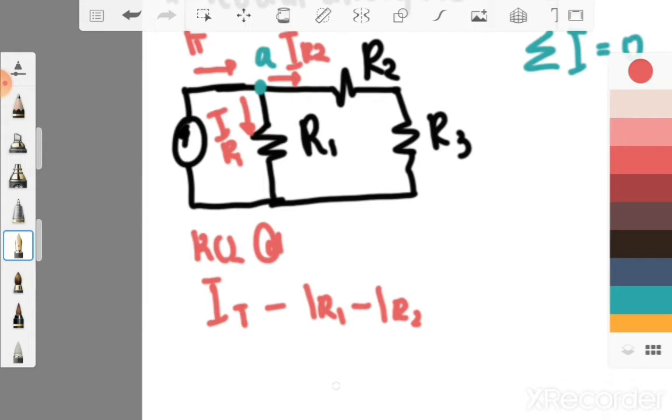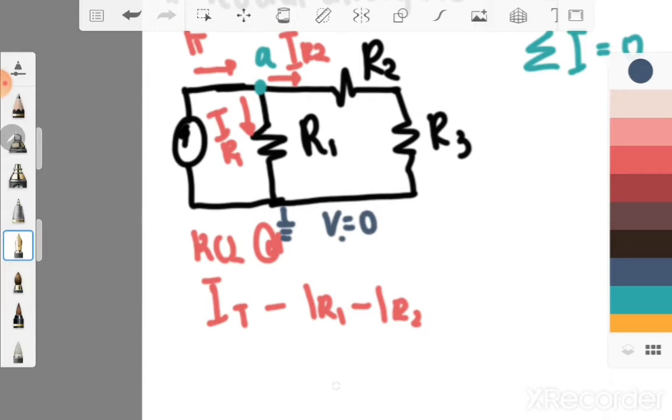Upon indicating the current in our circuit, the next thing to do is to indicate a ground. What is the use of this ground? Your ground will indicate a datum for zero potential. Meaning, your ground will be like your base, which means the voltage there is equal to 0.